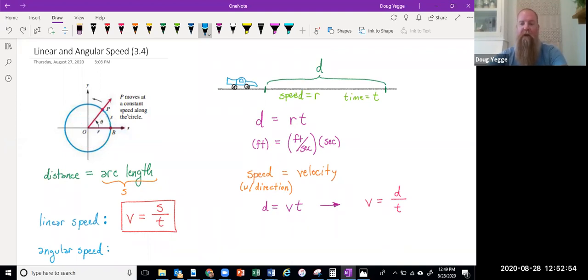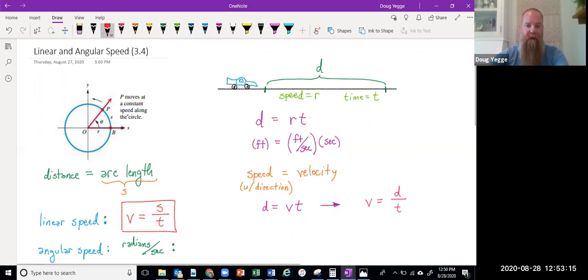And so what we should recognize then is that angular speed can be thought of in terms of the units of radians per second. And so notice that radians is measured as theta and seconds is represented as t.